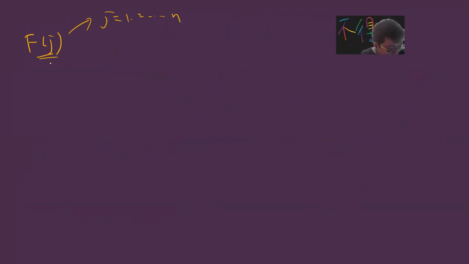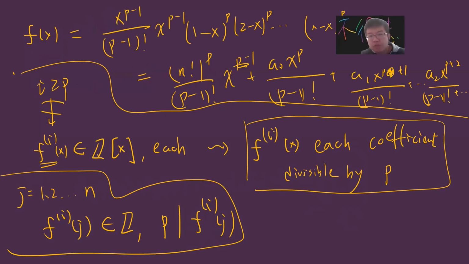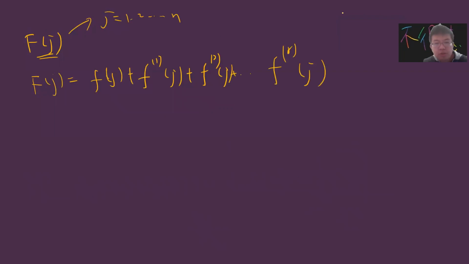How to prove it? Let me write down what f tilde of j is. It is f of j, f derivative at j, f second derivative at j, up to the r-th derivative at j, and this r is very large, maybe n times p. You don't need to care.